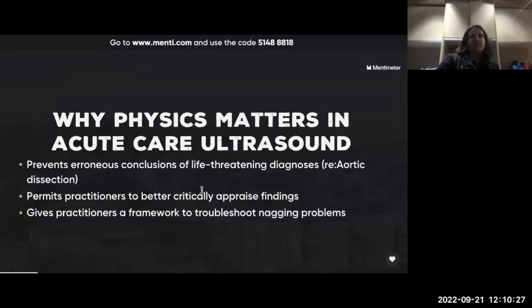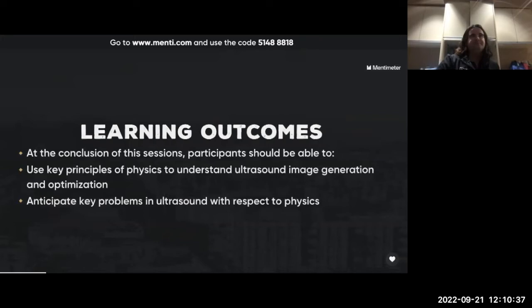So certainly if there's a finding that seems unanticipated but doesn't appear to be anatomically correct, it helps you troubleshoot those issues. So at the conclusion of the session, I hope participants should be able to use key principles of physics to understand image generation optimization and anticipate key problems with respect to physics.